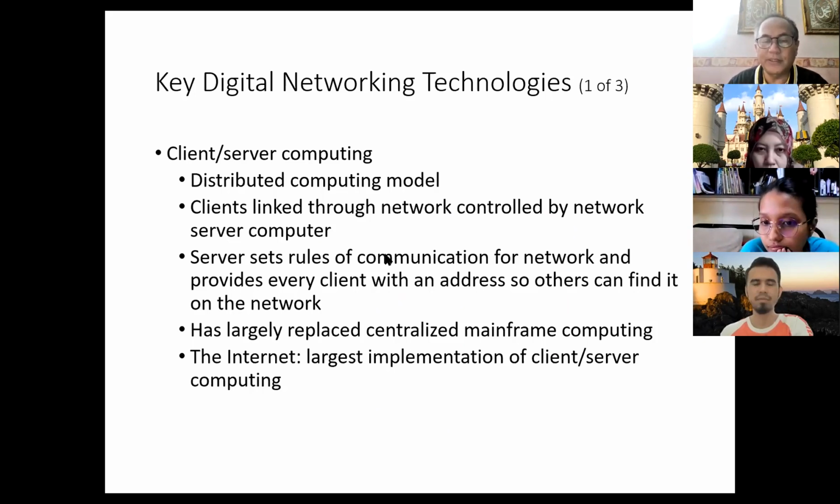The network server will set the rules of communication for the network: who can connect to what, what the security is, how they log in to the network, and so on. Every client will be provided with an address, so the others can find each other in the network. Sometimes it's called local IP.